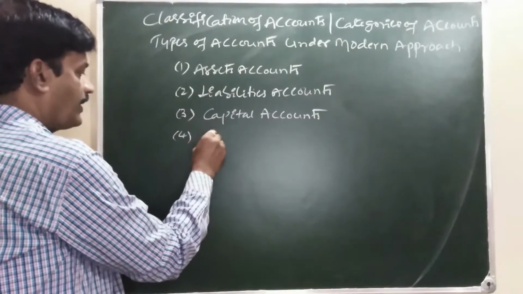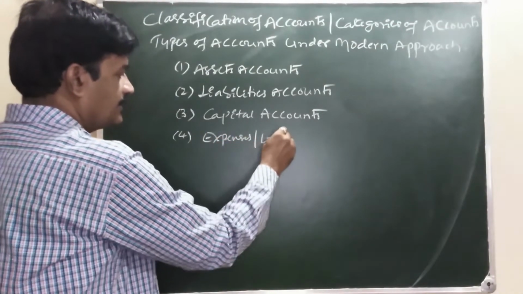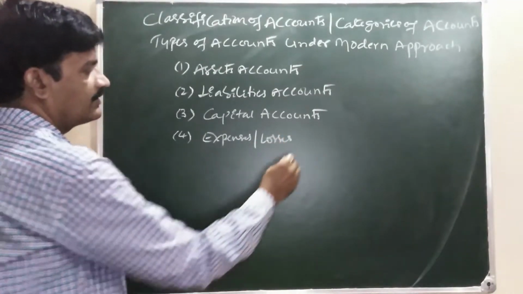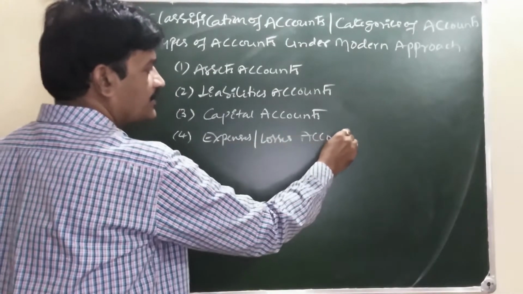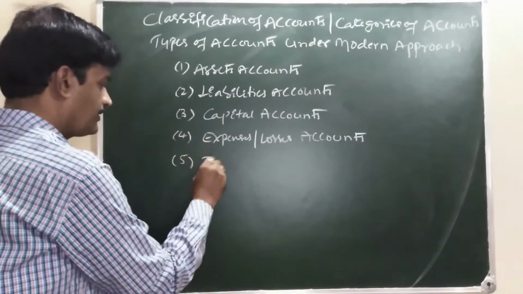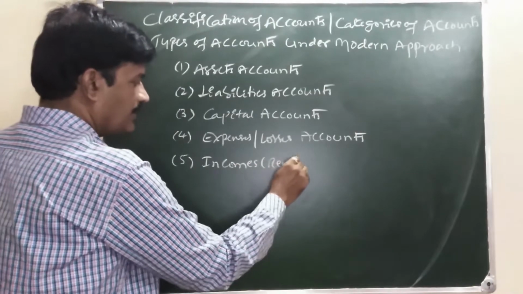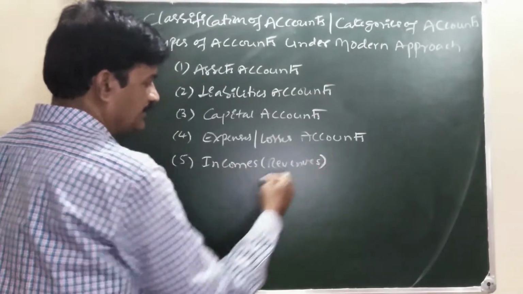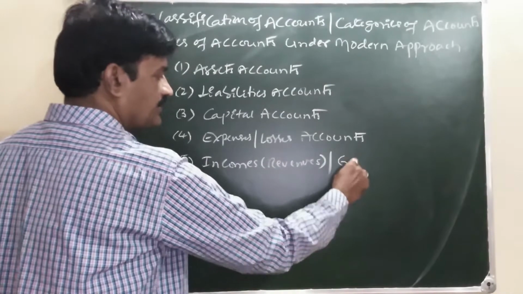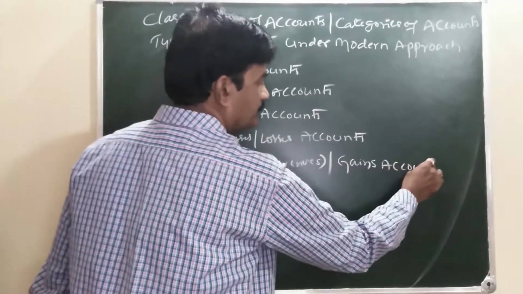Number 4, expenses, losses accounts. Number 5, incomes. Income is also known as revenues / gains accounts.